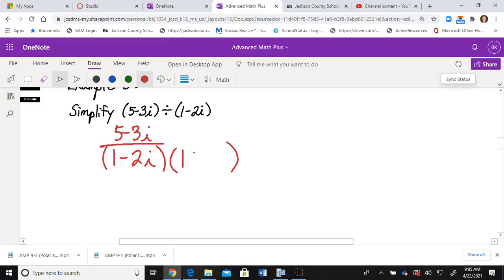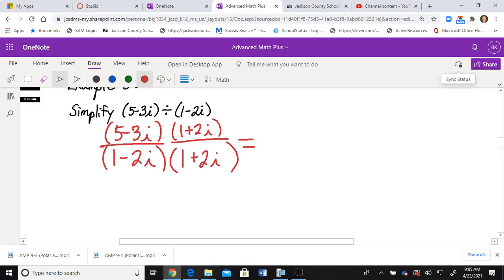So I'm going to multiply the top and the bottom by 1 plus 2i. When we did this, the radicals on the bottom always went away. So the i's on the bottom are going to go away. If they don't, you're doing something incorrect.